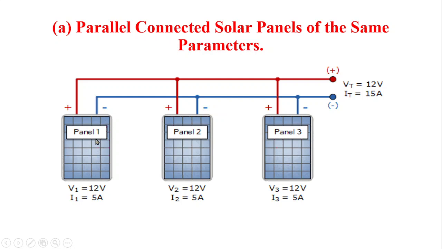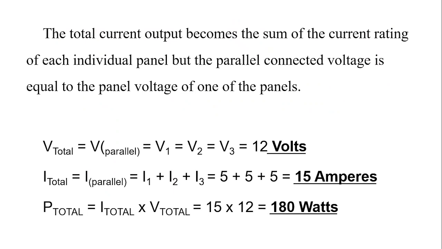So like you can see, panel 1 is 12 volts 5 amp, panel 2 12 volts 5 amp, and panel 3 12 volts 5 amp. So all the panels have the same parameter. So this calculation is straightforward. Since the aim of connecting panels in parallel is to increase our output current and maintain our voltage, in this case, since all the voltages are the same, we take the voltage of one of the panels, which in this case is 12 volts.